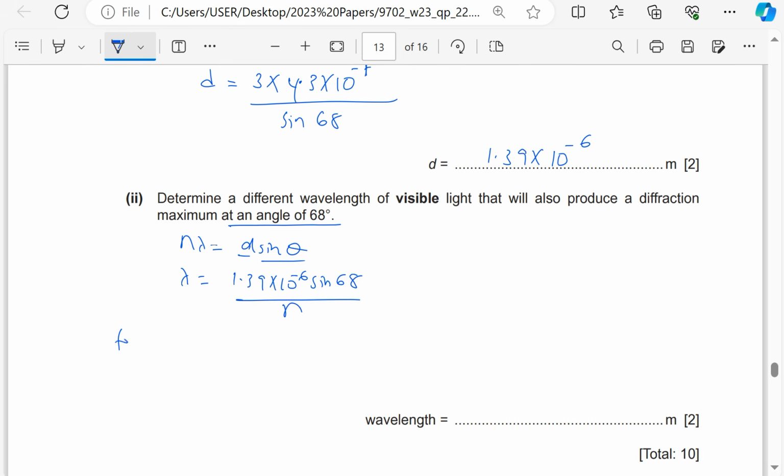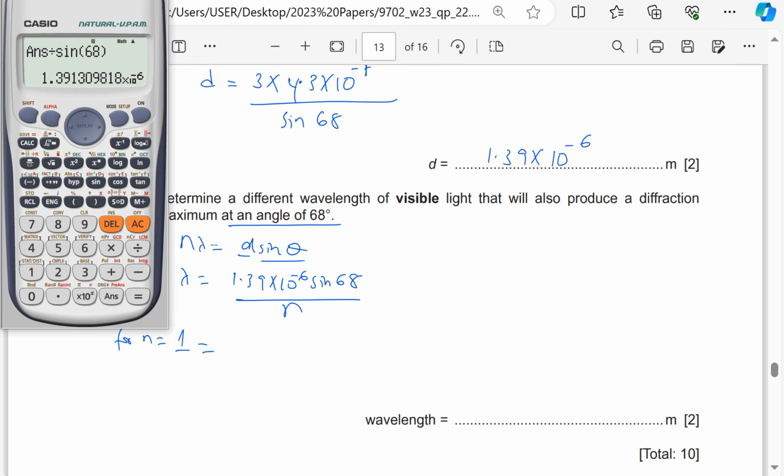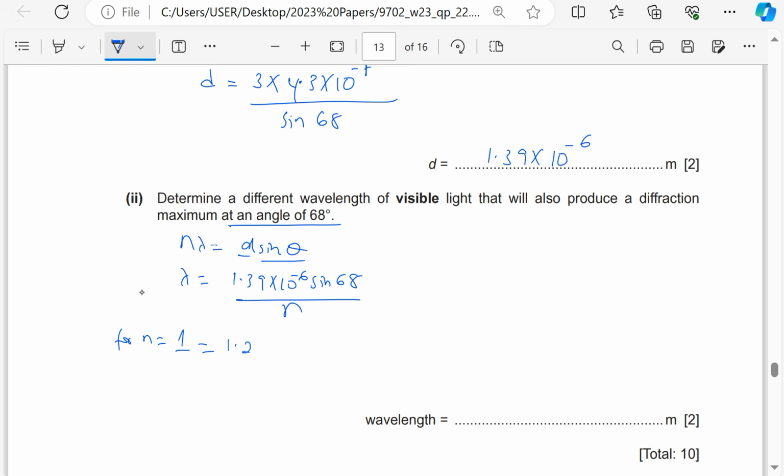So I will check for n equals 1. Of course, I will not check n equals 0 because that will be infinite. For n equals 1, this is simply going to be that times sine of 68. This is 1.29 times 10 to the power of minus 6 meters.